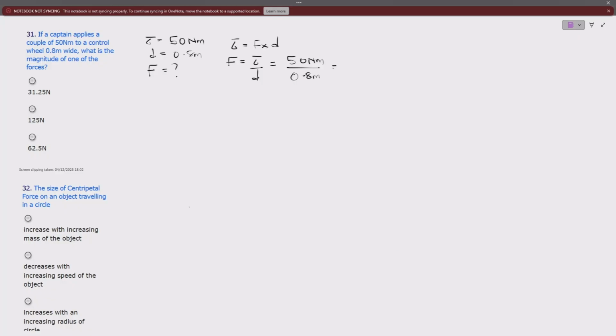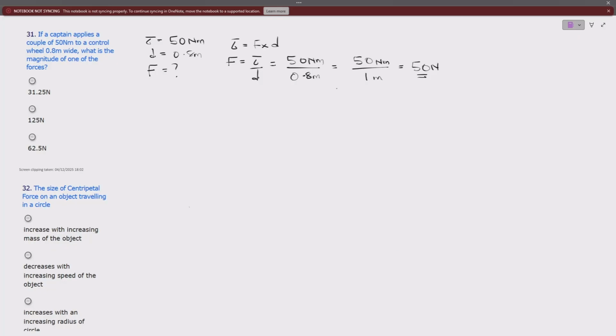All right, we don't have calculators to work these questions, so we have to do some approximations. If you round up 0.8 meters to 1, that will be 50 Newton meters divided by 1 meter. That is going to give you 50 newtons. But do we have 50 newtons in our answers?